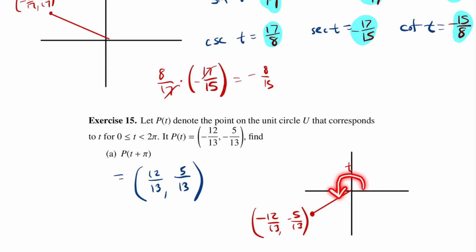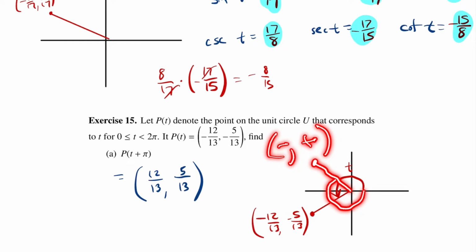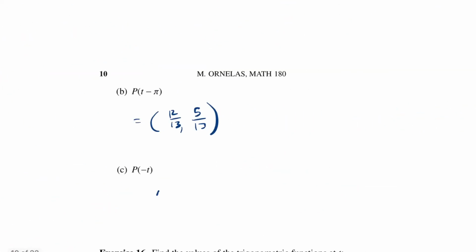Then if you went 210 in the negative direction, then it would be right about there. So we're in quadrant 2, which means negative, positive. So the same values except negative, positive. And that will do it.